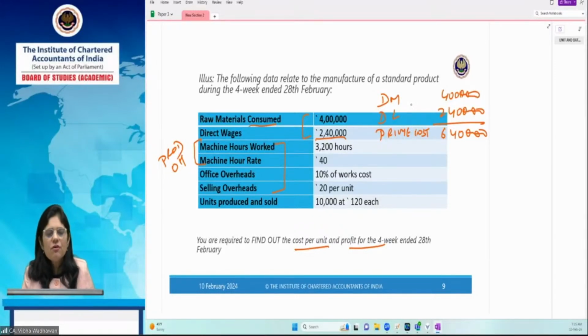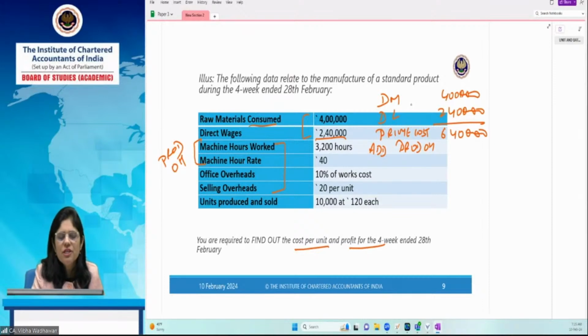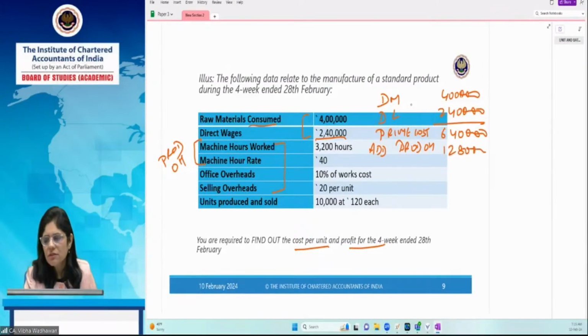First of all, the production overheads are added. Production overheads are absorbed on the basis of machine hour rate, because machines are used on the production floor. That is why machine hours are related to production overheads. 3,200 into 40 is 1,28,000.